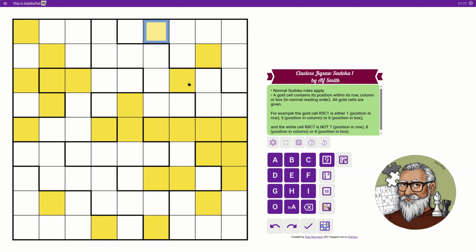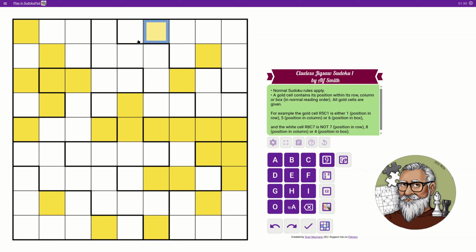All gold cells are given. Right. Oh, this is going to be difficult to see. So if we take this, well, all right, let's start with the row and column. This could be 6 because it's in the 6th cell in its row. It could be 1 because it's in the first cell in its column. And it could be 2 because it's in the second cell in its region.